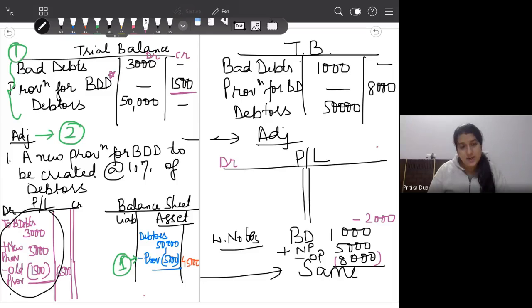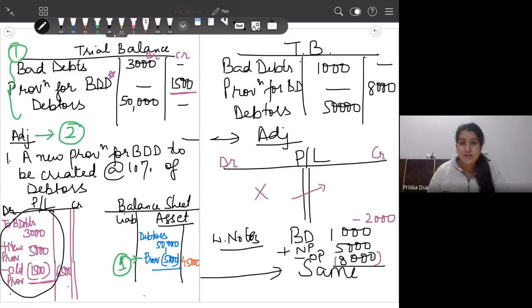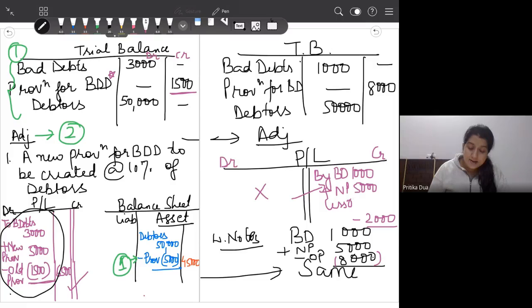It will come to the credit side of the P&L account because you are gaining 2,000 because of making new provision for bad and doubtful debts. जब पॉजिटिव वैल्यू आई थी इसका मतलब एडिशनल जो एक्सपेंस था बिजनेस के लिए वो 6,500 था. अब इस केस में सेकेंड एग्जाम्पल में नए प्रोविजन की वजह से आपके 2,000 रुपए बच रहे हैं. तो आप ये सारी जो एडजस्टमेंट है बाय बैड डेट्स 1,000 प्लस न्यू प्रोविजन 5,000 लेस ओल्ड प्रोविजन 8,000 आप ये क्रेडिट साइड पर दिखा के और यहाँ पर फाइनल वैल्यू पुट करोगे 2,000 पॉजिटिव.